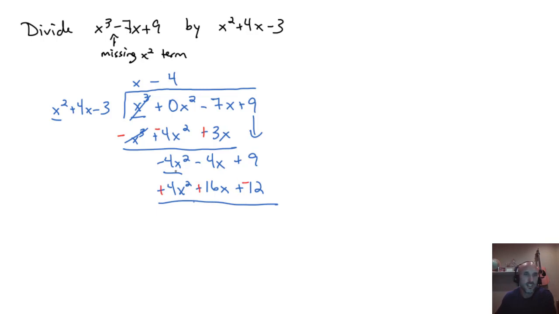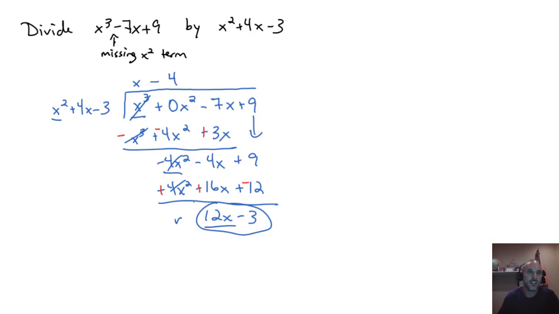First terms cancel, and then I get 12x minus 3. Then I try to divide x squared into my leading term of 12x. But 12x has a degree of 1, which is too low for x squared to divide into it. So my remainder now is all of this. Okay, so our division is done.